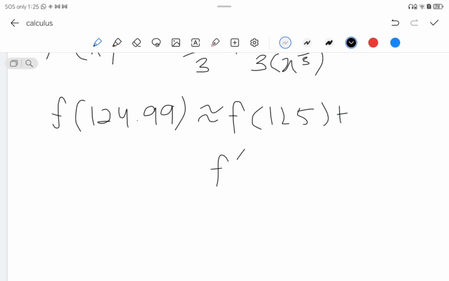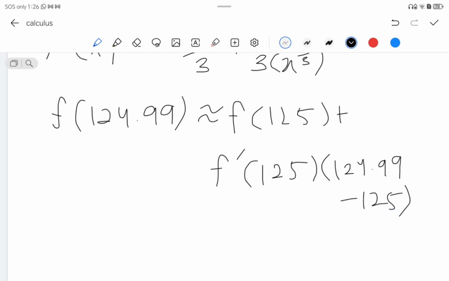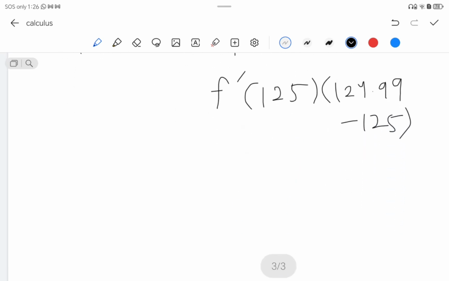So it will be f(124.99) approximately equal to f(125) plus f prime(125) multiplied by the quantity 124.99 minus 125.